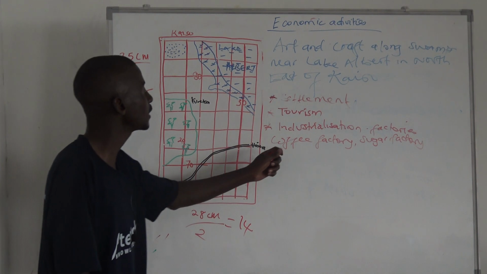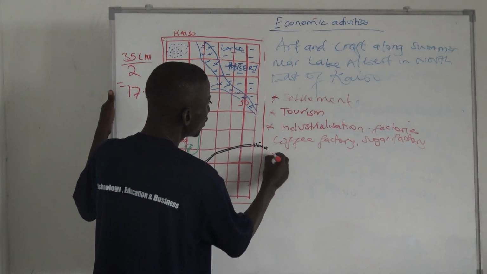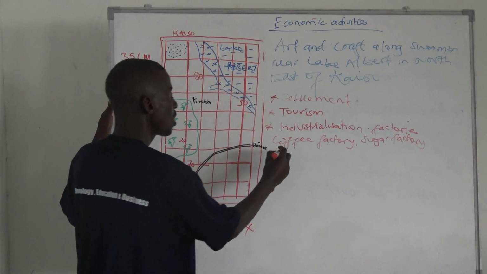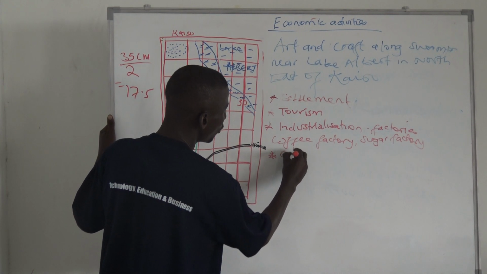And once you note that in the map extract there is a coffee factory, a sugar factory, what should come into your mind is that there is also agriculture, crop growing.